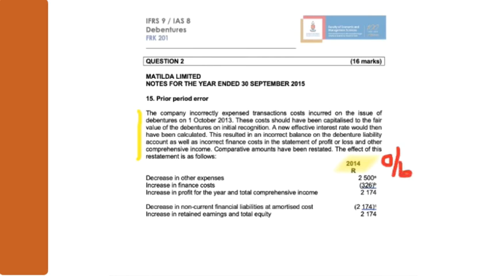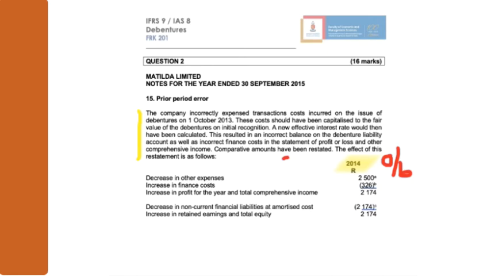That column could have been there if this debenture was issued in 2013 or 2012 or 2011, at a period before the comparative year, then we would have a column, opening balance of the comparative period. That was not the case in this question. That is the only reason why there is no opening balance column. There could have been if the debenture had been issued 2, 3, 4 years ago.